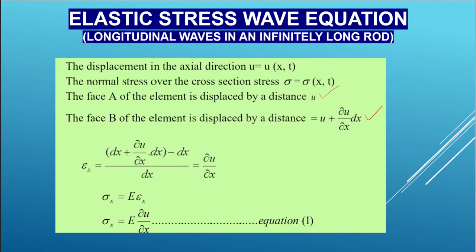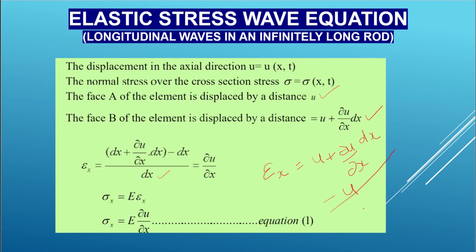So finally, strain in x direction, epsilon x, is given by the difference in displacement, u plus dou u by dou x into dx minus u, divided by the original length, which is dx.